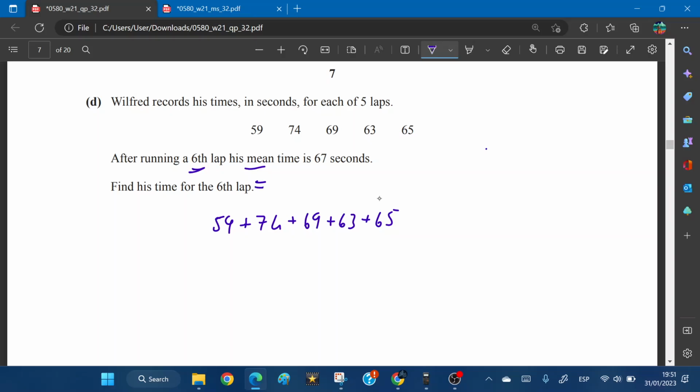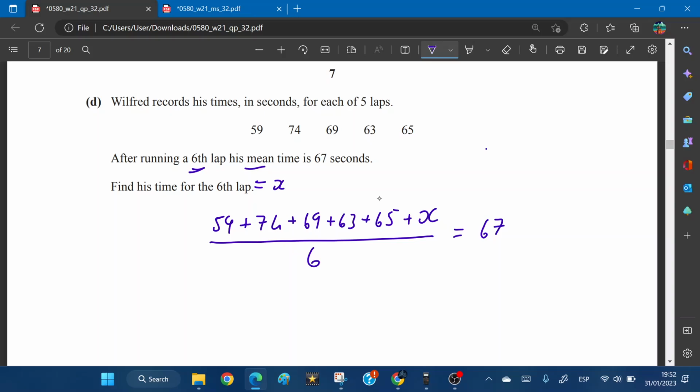So let's say that 6th lap is X. So then we have to add the 6th lap. And the mean is you add up all the laps. So there's 6 laps in total. And then we divide it by how many there is. So we divide that by 6. And then we get the answer. 67 seconds on average. Alright, now we need to solve this whole massive thing.